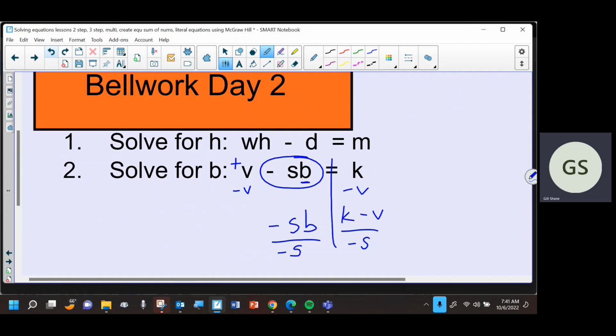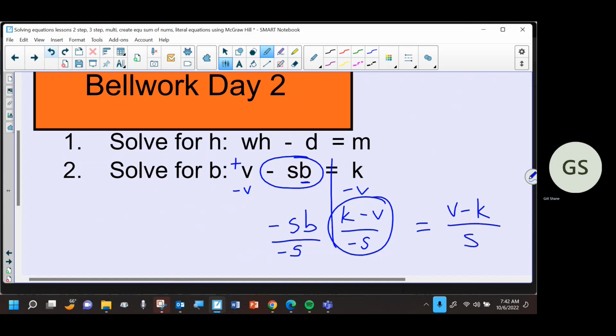They would flip the sign of everything. So it would be V subtract K over positive S. This is fine. If you get to that point, I will mark that correct. If you're really concerned about the district stuff coming up, which is pretty soon, that's what you would see on the district. The sign of everything would flip. You're not supposed to have a negative in the denominator.